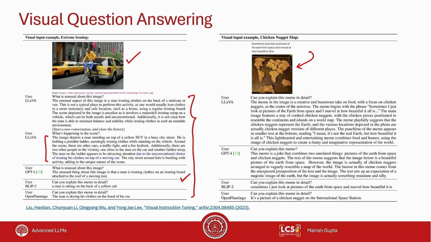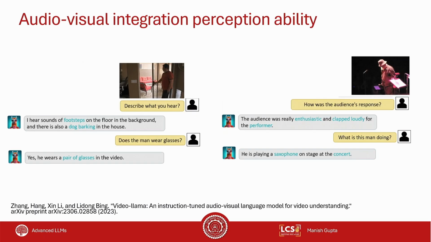And all of these models, after all, are processing text and image and then generating text as a response to the input image. So these models don't just do image and text as input, they also can take audio as input. So in this system, you could take the video and pass on the video. So this is Video-LLaMA.